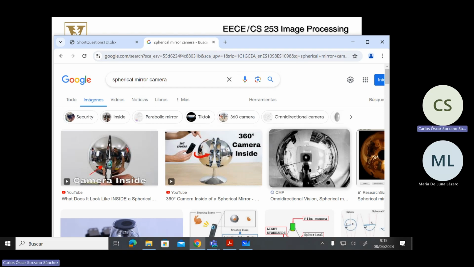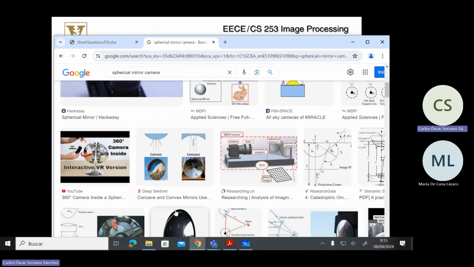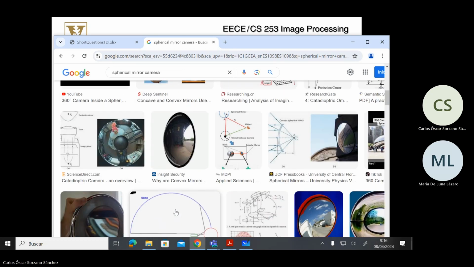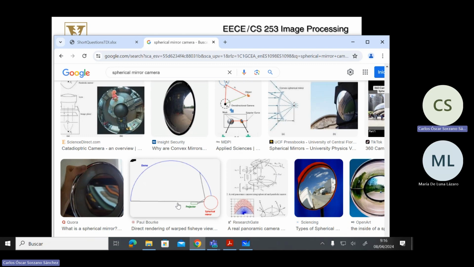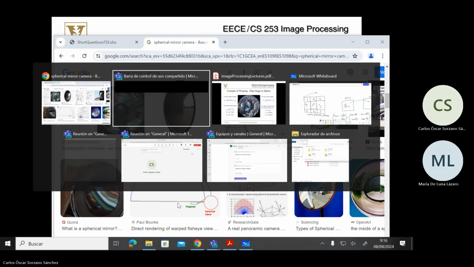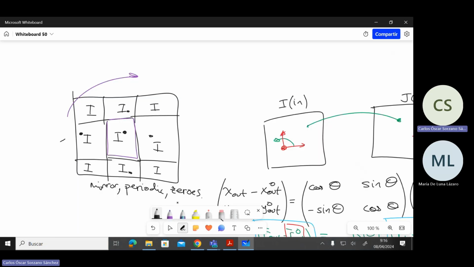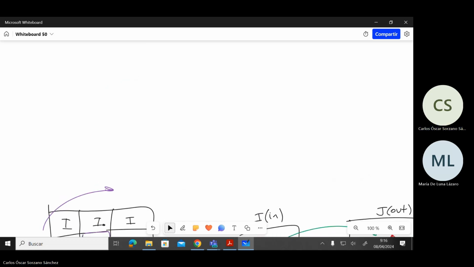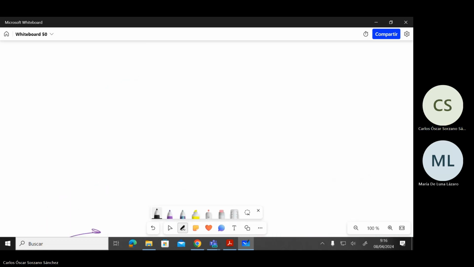For instance, this camera setup, but let's say that you want to have a panoramic view of a sample. What you can do is the following. You can push back the camera. Let's say that this is our camera.